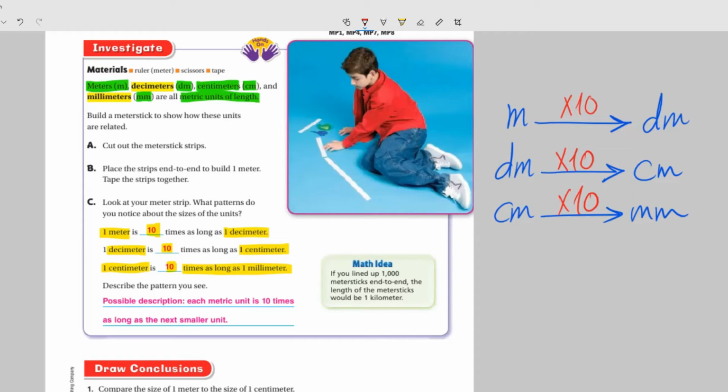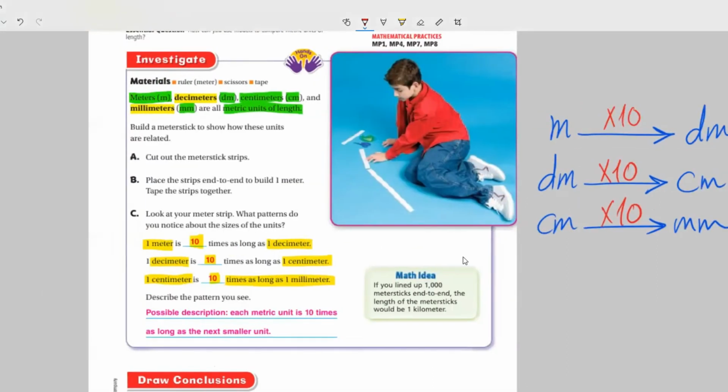Wait. Do you have your ruler? No, I'm trying to find it.